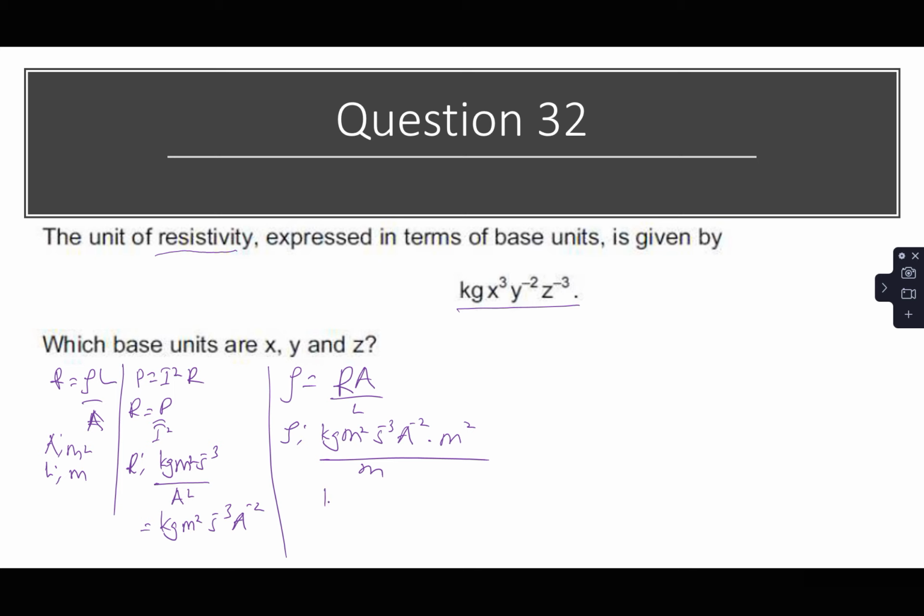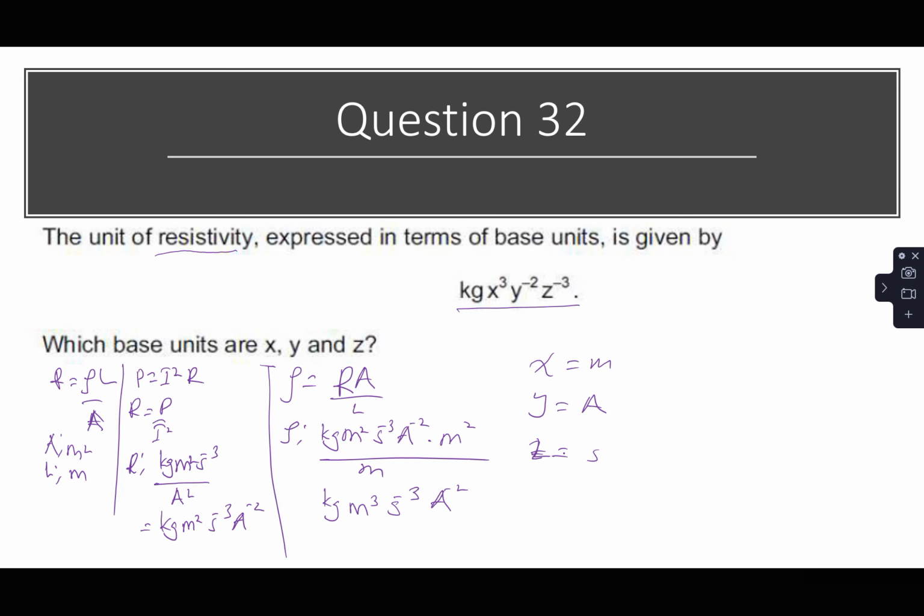This simplifies to kilogram meters cubed, then seconds to the power negative 3 and amperes to the power negative 2. So X is most likely meters because it is cubed. X is meters, Y is amperes, and Z is seconds. So we have answered that question very smartly.